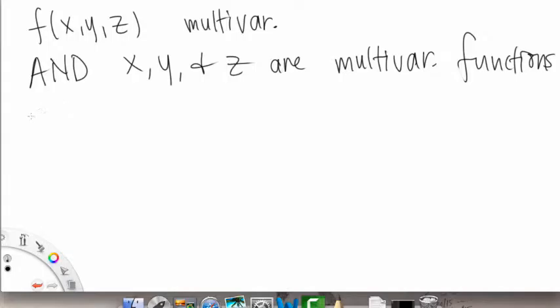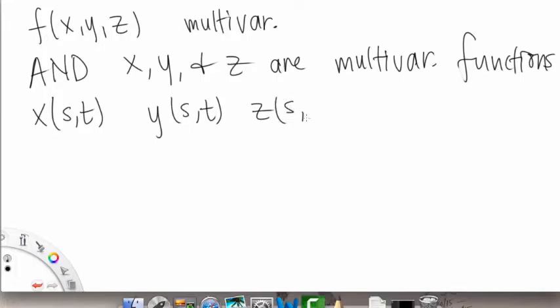Instead of x, y, and z depending on one variable, such as t, now they're going to depend on s and t. So we'll have an x of s and t, a y of s and t, and a z of s and t. So it isn't just x of t, y of t, or z of t anymore. Now we added in that s, another independent variable.